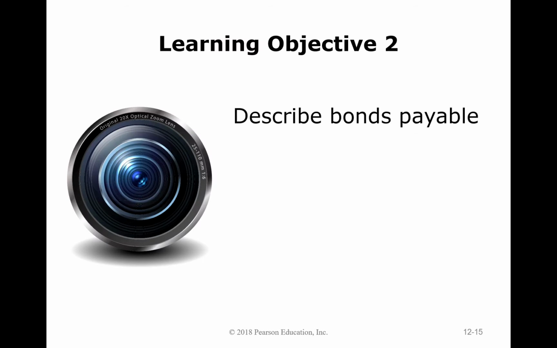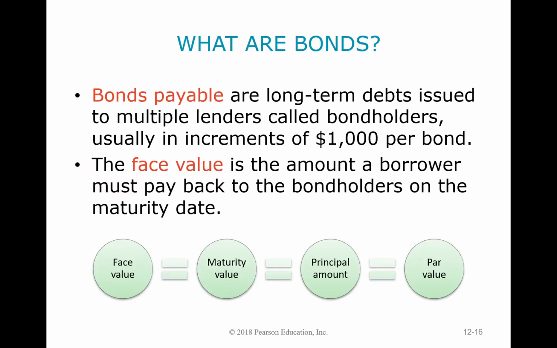Now, bonds payable is a little different. We'll probably get into some in-depth discussion, and there will be a lot of problems on bonds payable coming up. We've talked about debt and equity securities in the last chapter, or the last two.